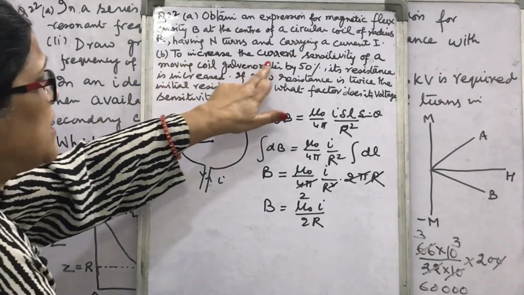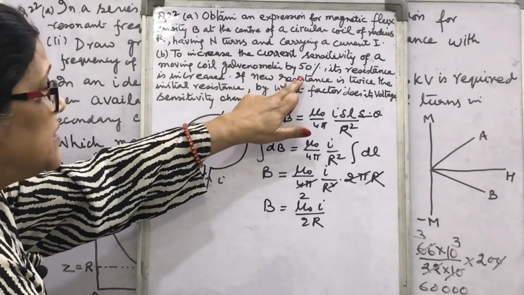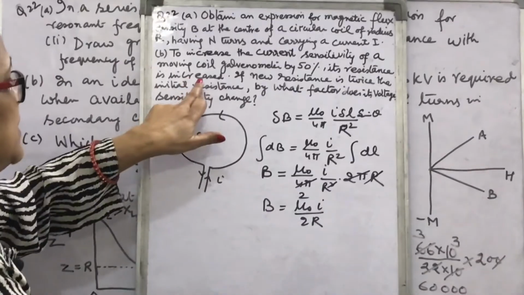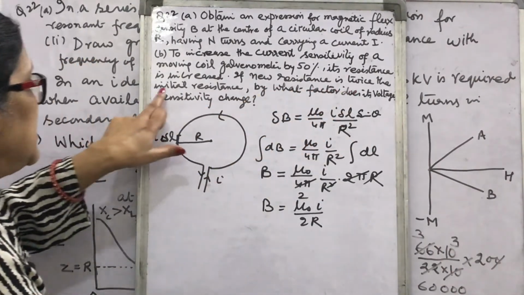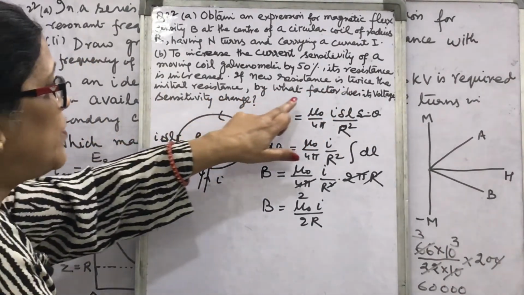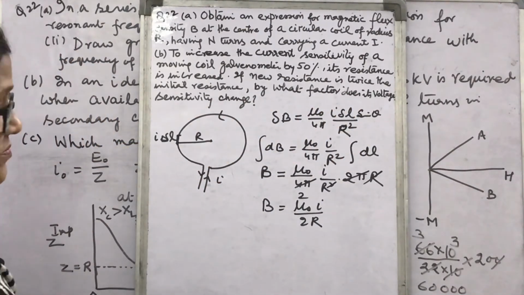Now look at the B part. To increase the current sensitivity of a moving coil galvanometer by 50%, its resistance is increased. If the new resistance is twice the initial resistance, by what factor does its voltage sensitivity change?